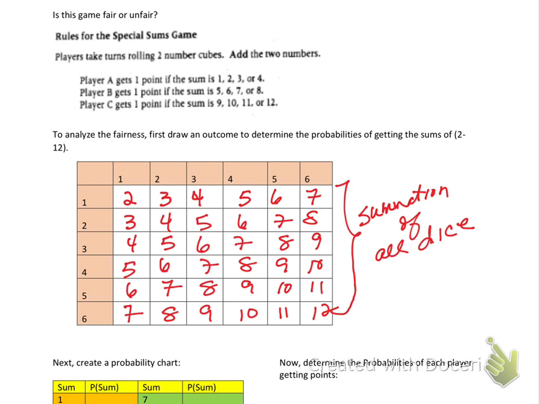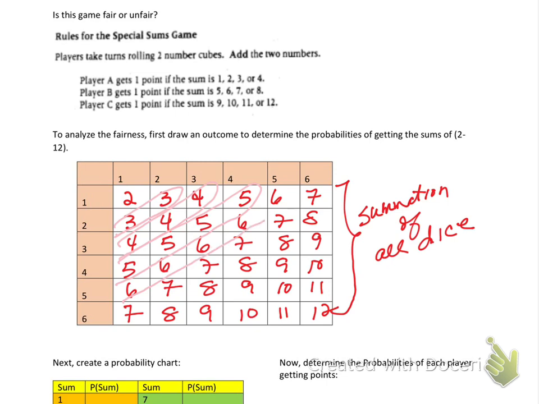Okay, so I'm going to do some things here so you can see what the pattern is. So let me take another color. Maybe we'll take a pink. Okay, so look what happens. Here we have all 3s. Here we have all 4s. So there's 3 4s as a possibility. There are 4 5s.